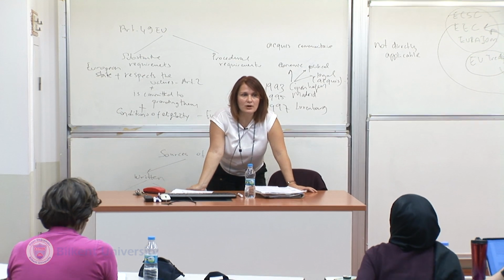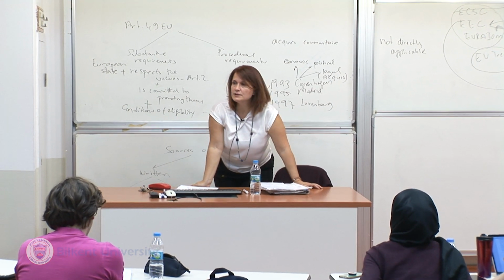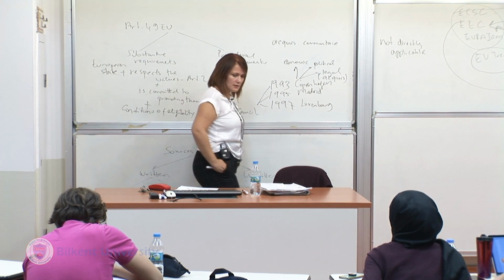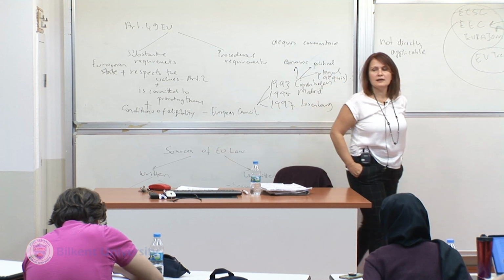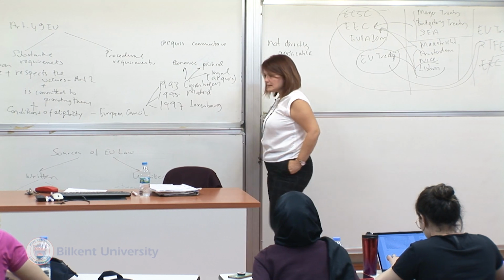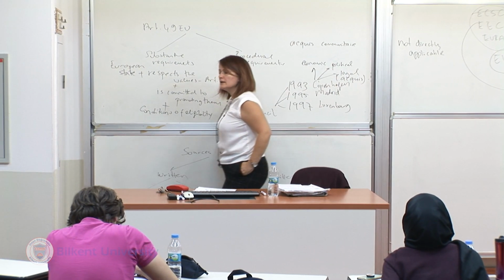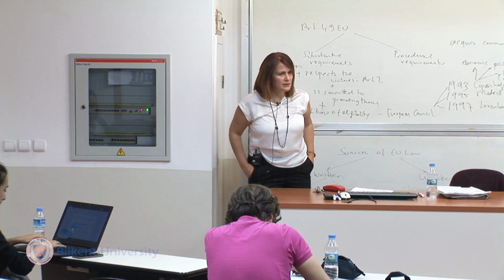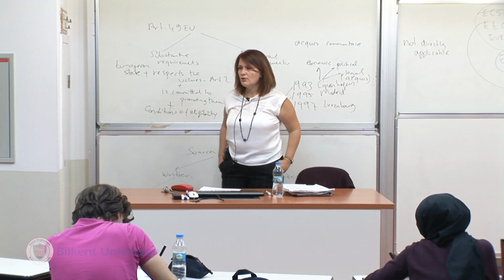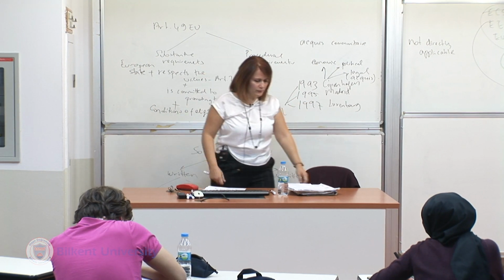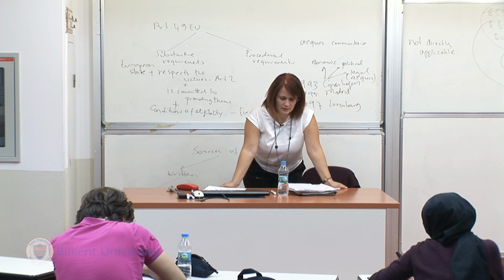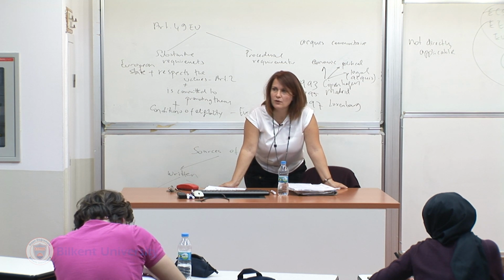As far as the political criteria are concerned, membership requires that the candidate country has established the stability of its institutions, guaranteeing democracy, rule of law, human rights, and respect for and protection of minorities.